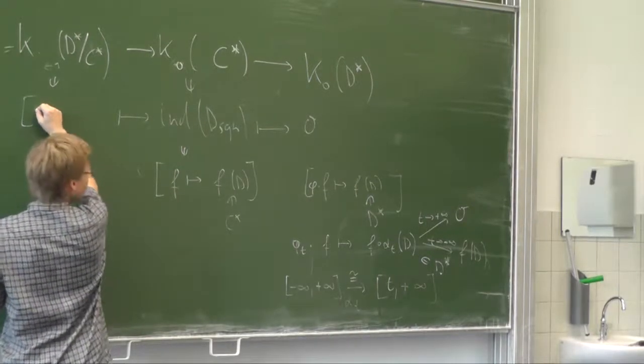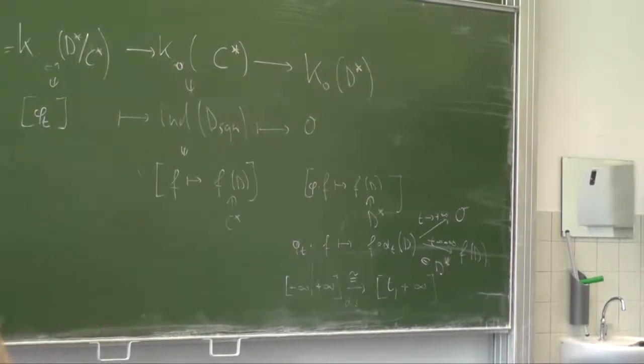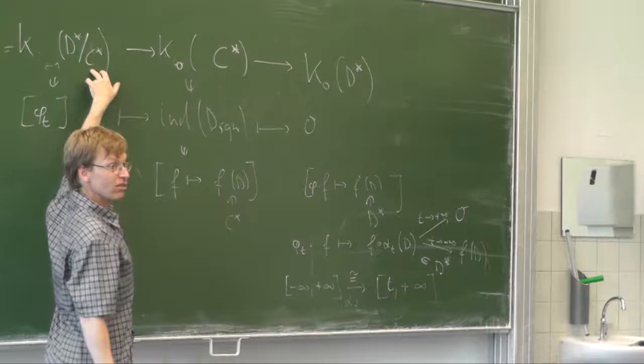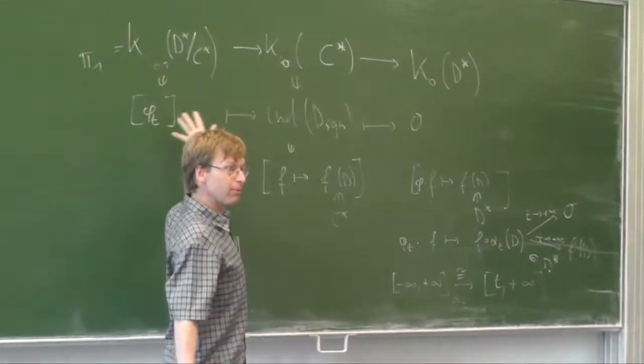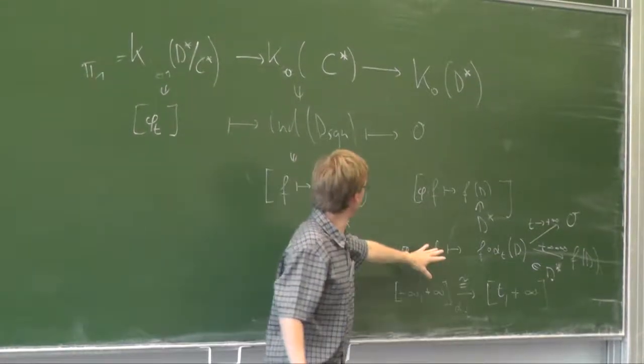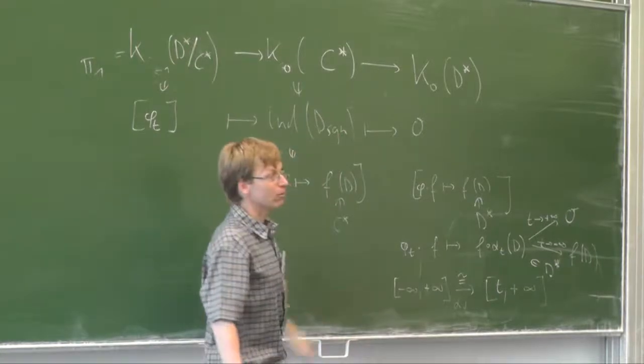This is just this loop of homomorphisms from 0 to 0, out of C star. Okay, and that's actually also how the index map is working. Lift the loop to this and evaluate at the endpoint, and we get the boundary map.